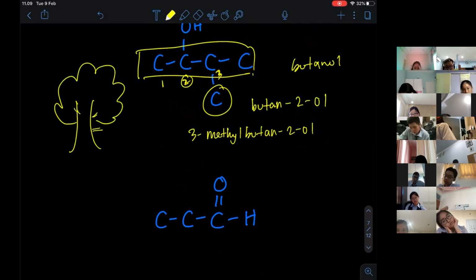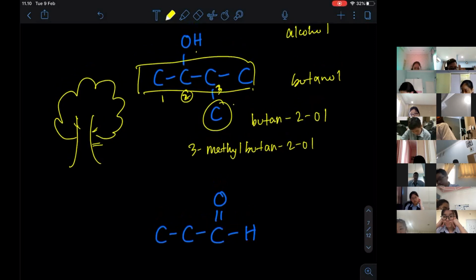This is the way you want to remember: the moment you give numbers, you must give the lowest number to the functional group first. Even though they are on the side over here, the priority is your functional group.